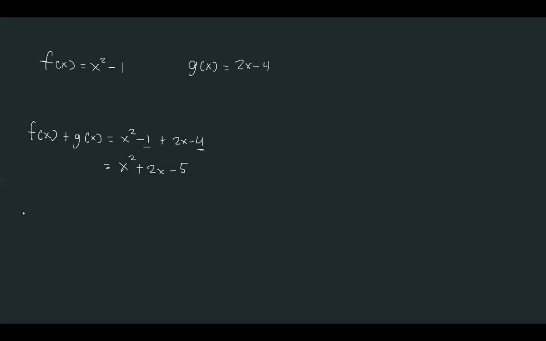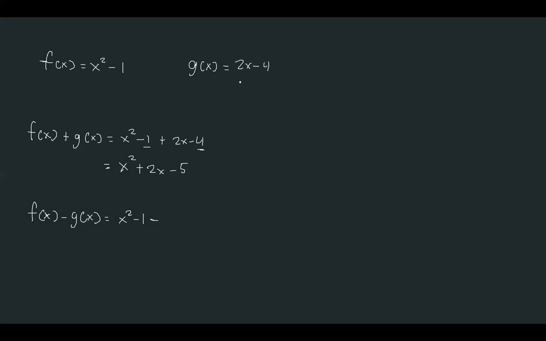What if I would like to get the difference between f of x and g of x? So f of x minus g of x. Simply substitute. Your f of x here is x squared minus 1 minus g of x.